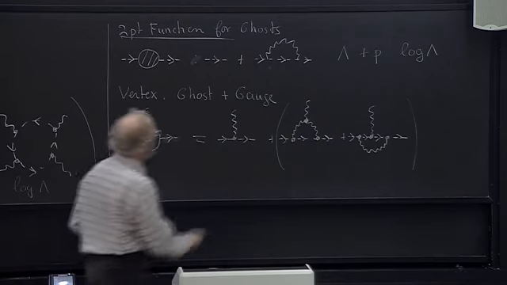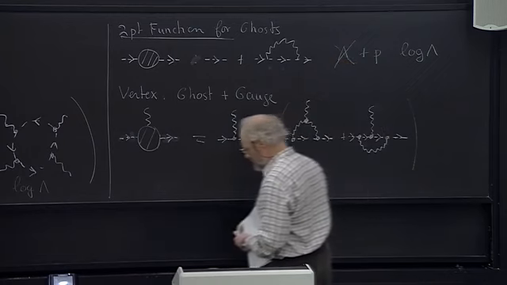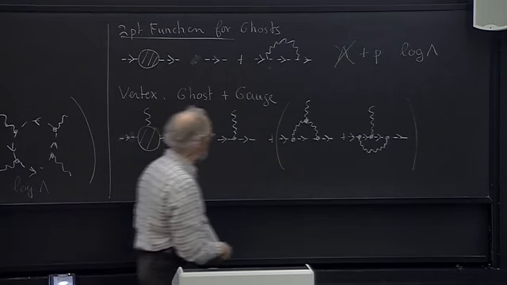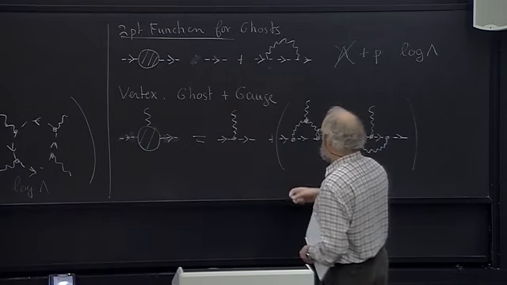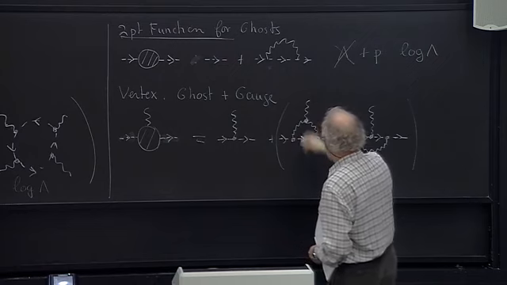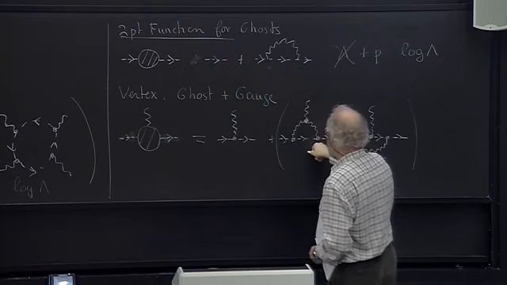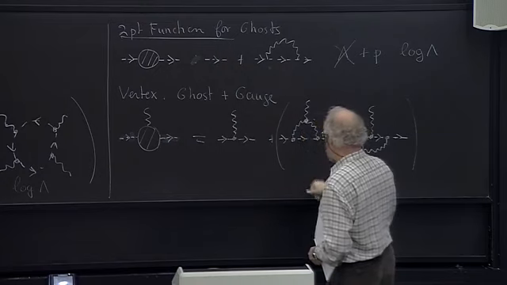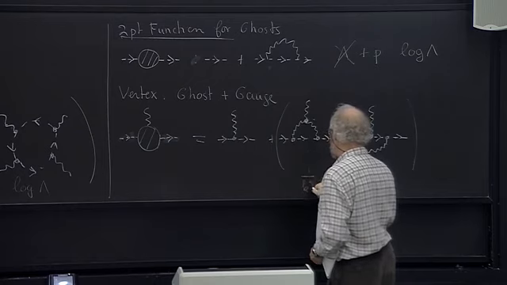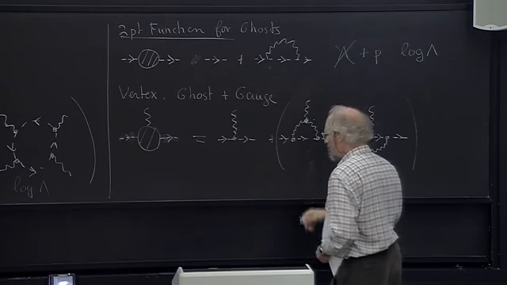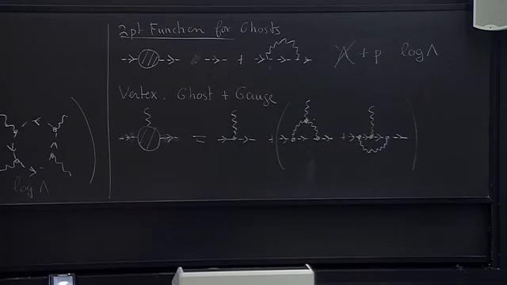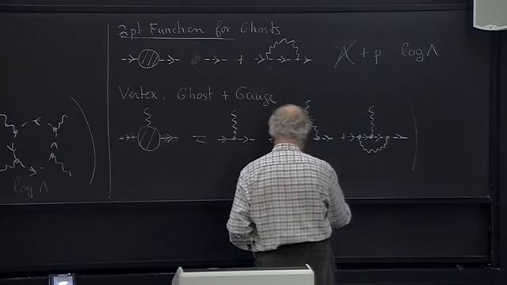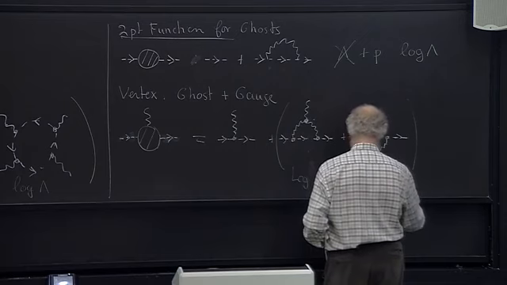Well, it's the same argument as in QED. This diagram is easy, okay? And here, again, this diagram may contain 1 over k squared, 1 over k squared, 1 over k squared, but there may be a k here and a k here. So this means a 1 over k^6 times k squared. So it contains a log Λ. Okay. So these diagrams contain a log Λ. And this diagram contains a log Λ. Okay.